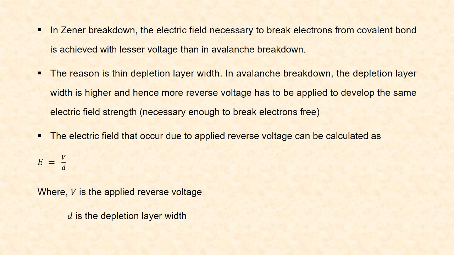In avalanche breakdown, the depletion layer width is very high and hence more reverse voltage has to be applied to develop the same electric field strength that is necessary to break the electrons from the covalent bonds. The electric field that occurs due to applied reverse voltage can be calculated as E = V/D. Here V is the applied reverse voltage and D is the depletion layer width.